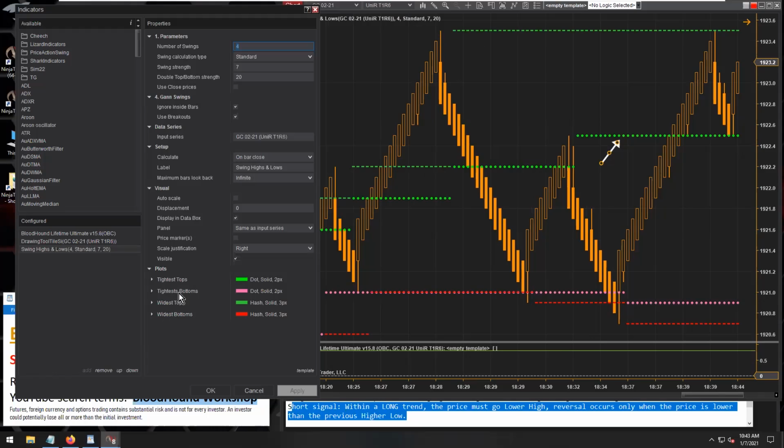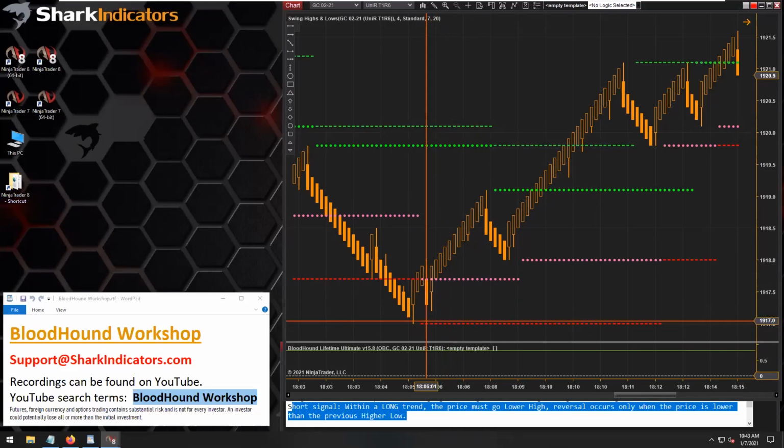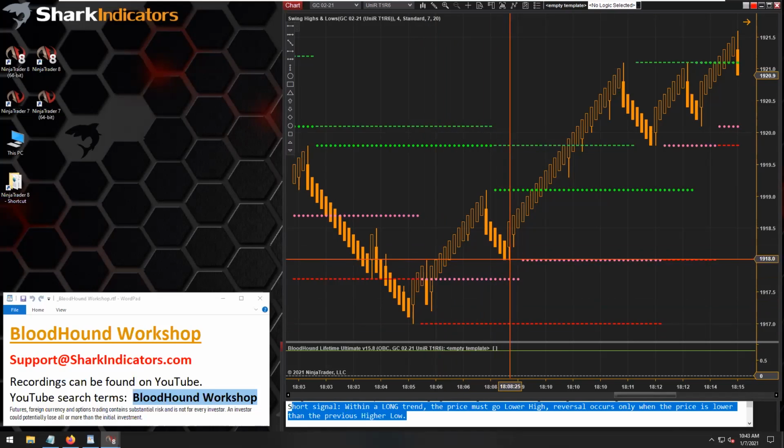And the tightest plots are going to be the swing points on the inside. Yeah, here we go. So here's the first lowest low down here. And so we can see, right, it's the widest plot. It's the hash line. And then when we get a higher low, right, it's plotted as a dot, right? So that's the tightest plot, right?